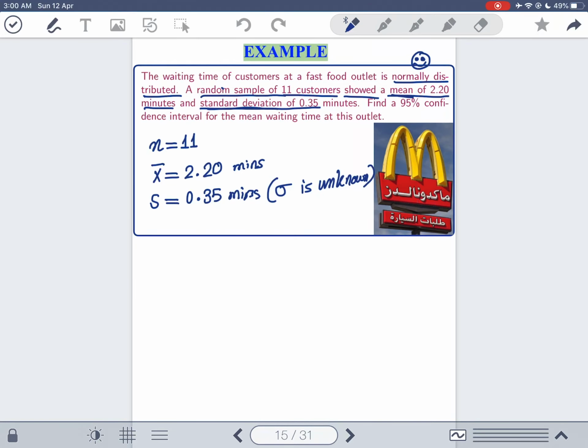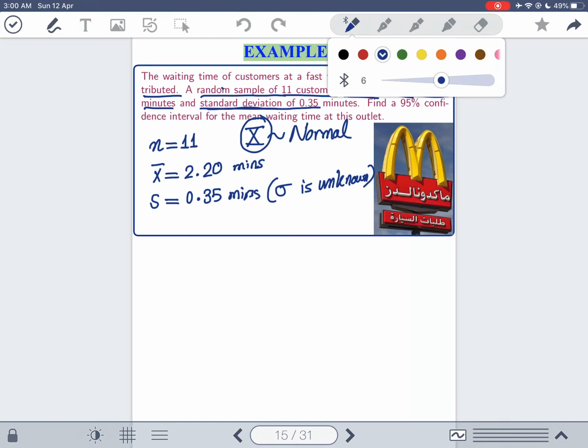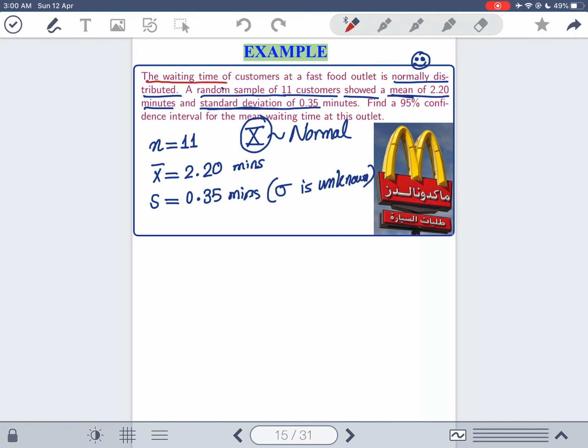Very nice. And our random variable, we need to say that it follows a normal distribution. Let's just write, it follows a normal distribution. And what is our random variable here? Remember, from the question you can get it. It's the waiting time of customers at a fast food outlet. This is what is normally distributed.